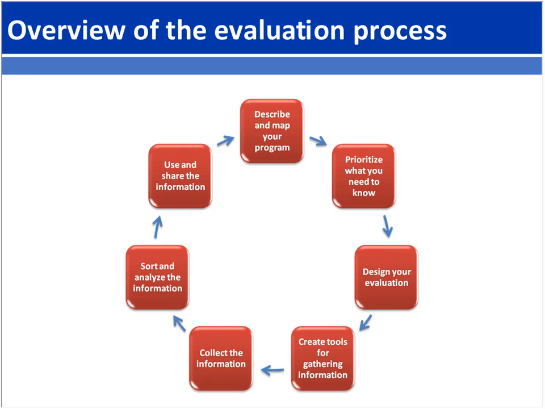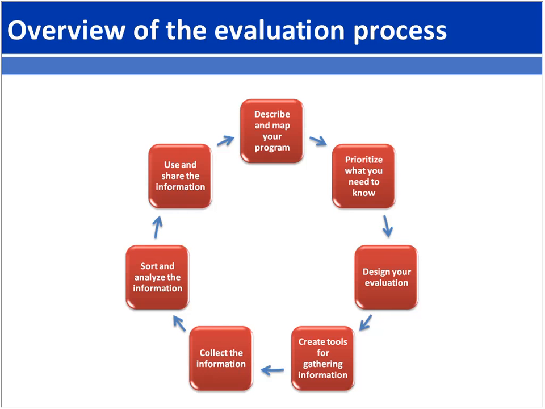The second step is to prioritize what you need to know, prioritizing your evaluation questions. As you design the evaluation, you'll want to make sure that your data collection strategies are focused on answering the things that are really the most important for you to learn. The toolkit talks about several different types of evaluation questions that you may have. Often you'll have questions about the outcomes or impact of a program on a set of participants or on a broader community.